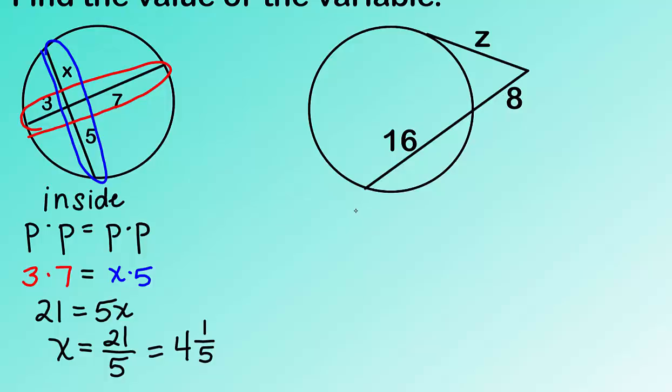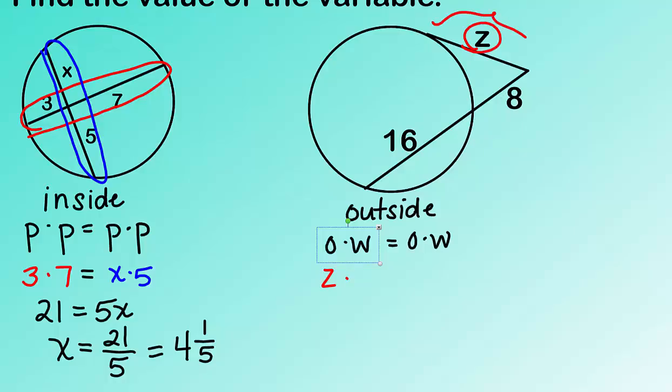On the next one, I identify that the intersection is outside the circle. So I'm going to use ow, ow. So outside times whole equals outside times whole.